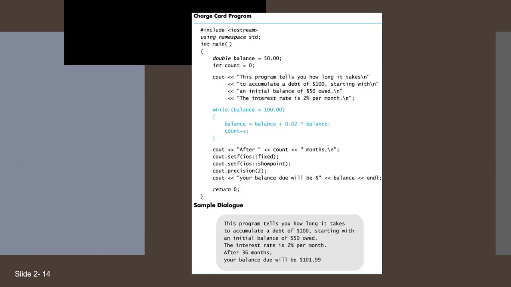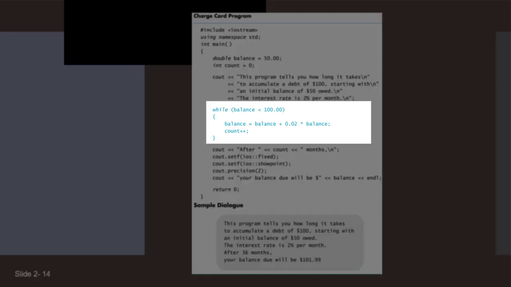And here's the code. Notice in blue, the while loop: as long as the balance is less than $100, this is going to run. And what's it going to do inside the body of the loop? It's going to compute the new balance, adding 2% each time. It's also going to add 1 to a counter. This counter is counting how many months we've gone through before the loop leaves.